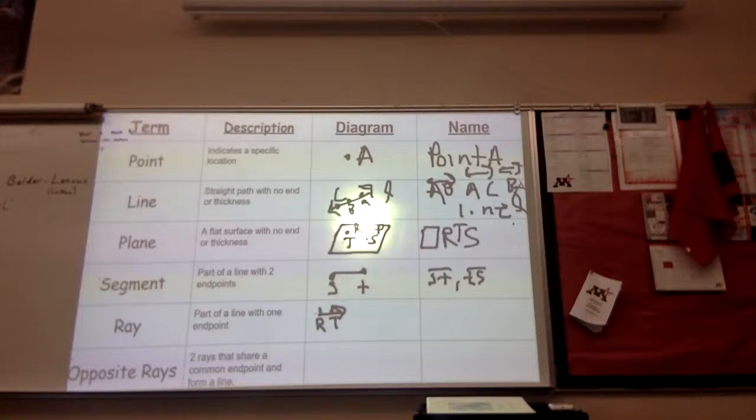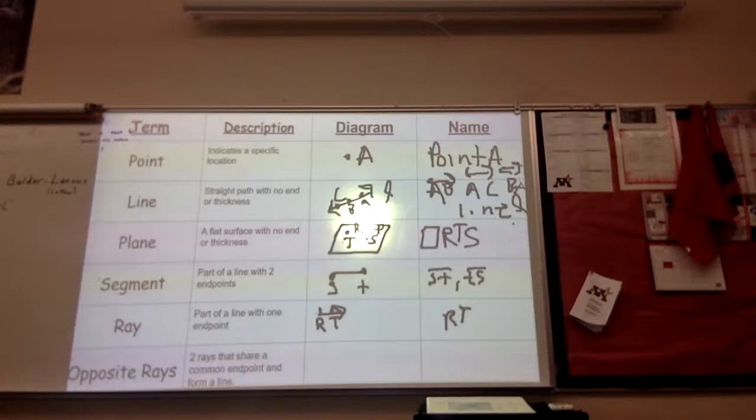RT. So how we write it, or name it, is we first write down the endpoint, and then we put the other point that's on the line. So RT. And instead of a line up top with arrows on both ends, what we're going to do is put an arrow on one end.